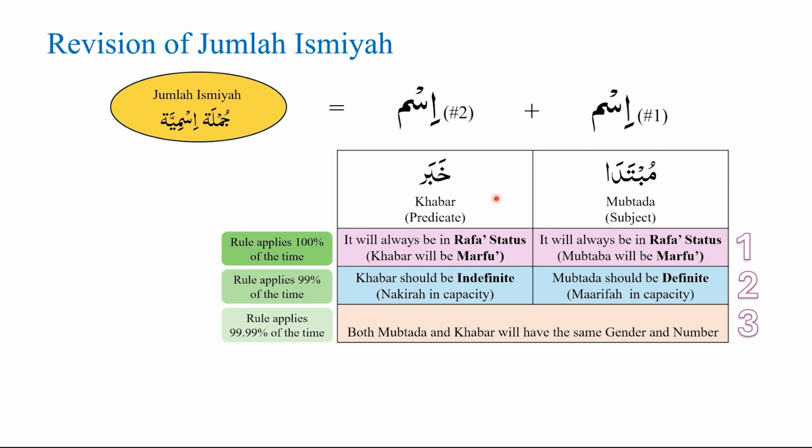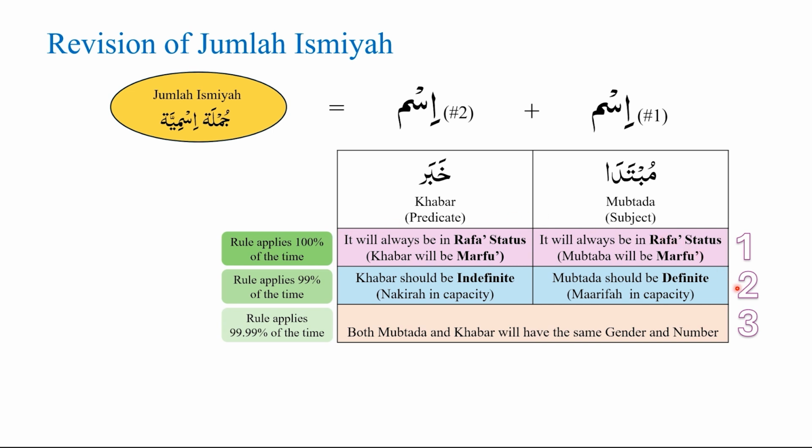about mubtada. The rules for Jumla Ismiya are: number one, mubtada will always be in the rafa status, or mubtada will always be marfu, and similarly khabar will also always be in rafa status and khabar will be marfu. This rule applies 100% of the time.